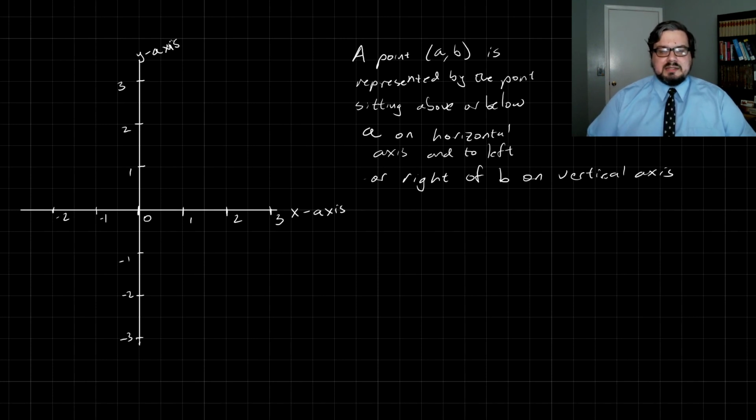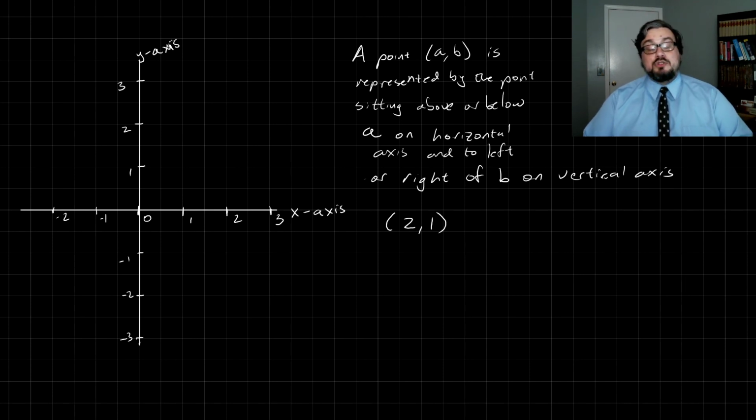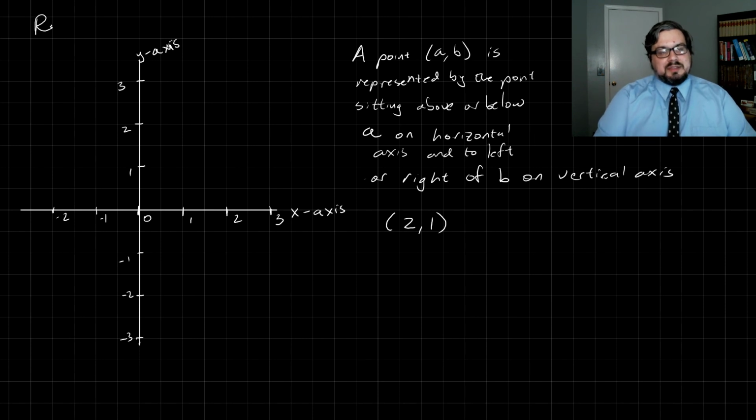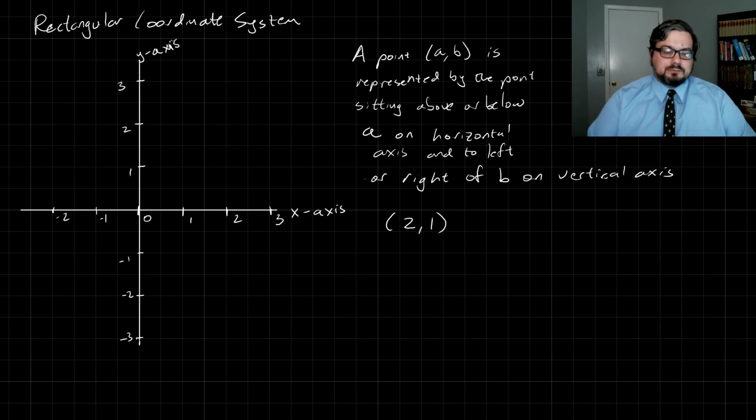So let's see an example of what that means. Let's say I want to represent the point, the pair 2, 1. Well, I can do that on a rectangular coordinate system like this. As follows.